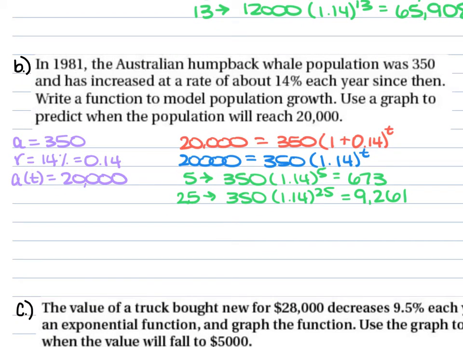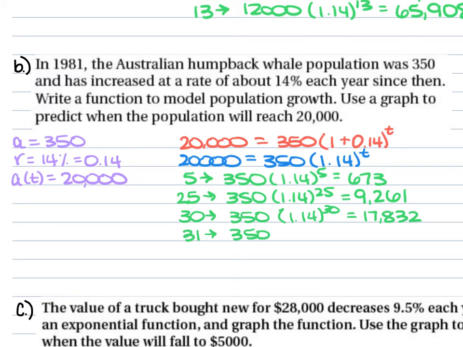So I'm going to try maybe 30. So 350 times 1.14 to the 30th power. When I type this into my calculator, I get 17,832. So I'm going to try something closer to this, but not so far. So I want to try 31.